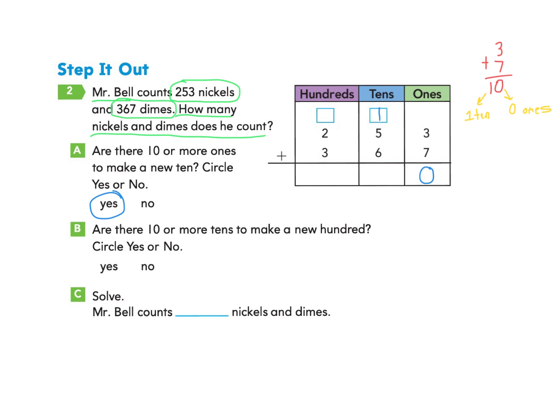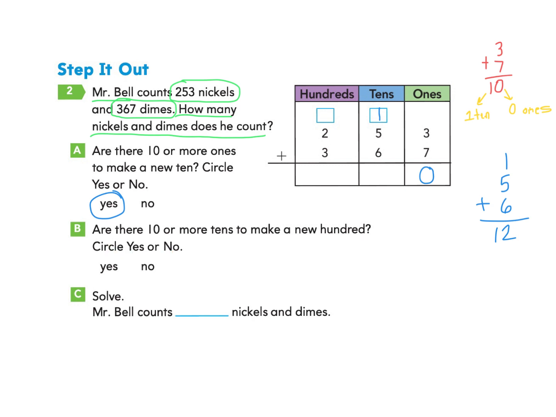Now let's take a look at the tens column. We have 1 plus 5 plus 6. When we add 1 plus 5 plus 6, we get the number 12. Part B asks, are there 10 or more tens to make a new 100?